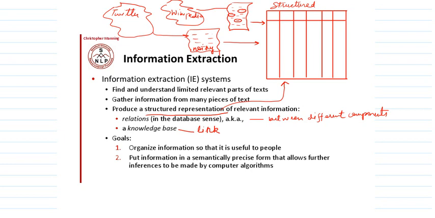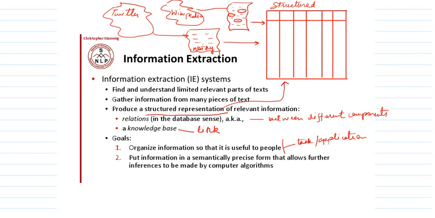Actually the goal of information extraction is to organize the information that is useful to some people or some task or application. And we can also put the information in a semantically precise manner that allows other kinds of algorithms to analyze and infer some kind of predictions from that.